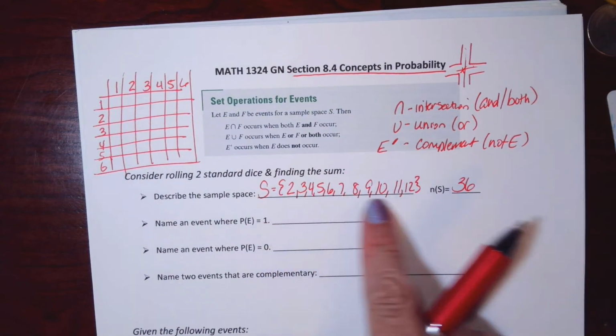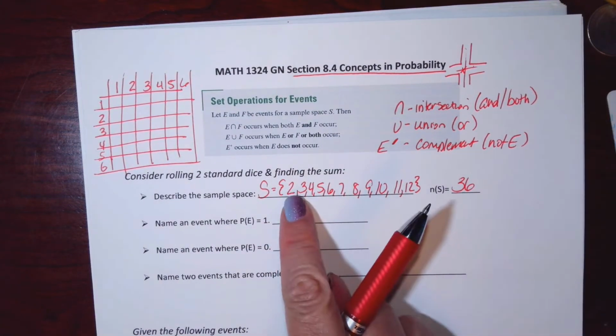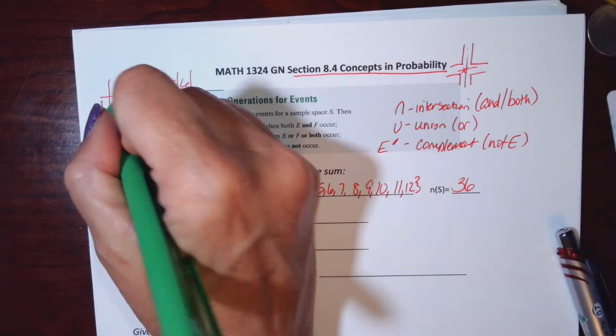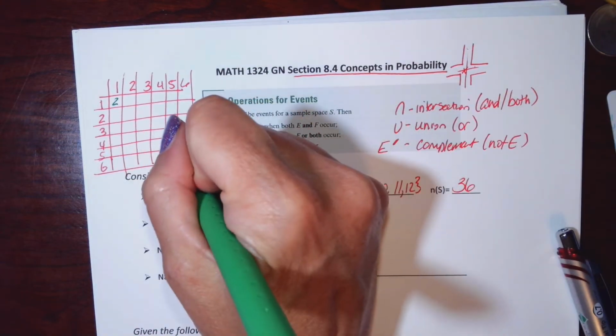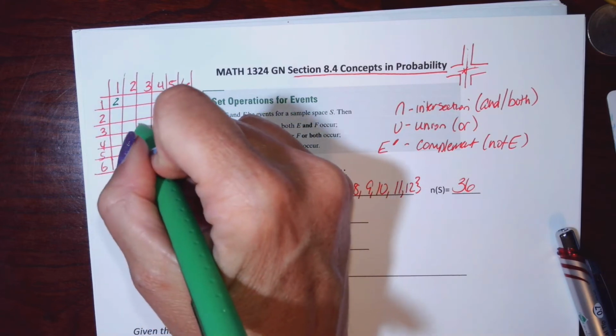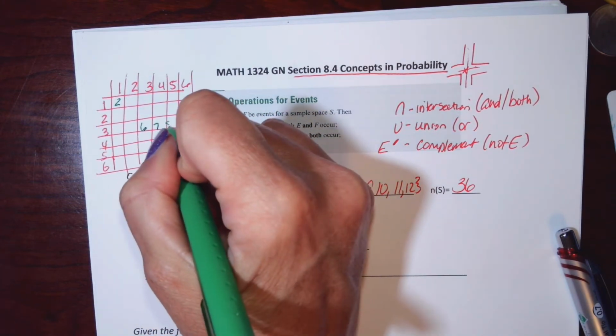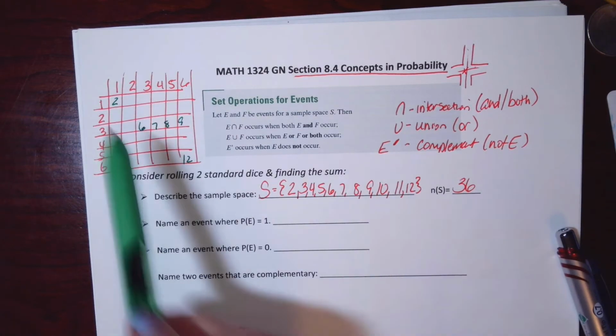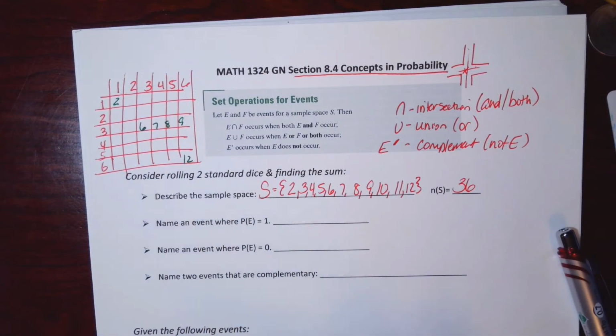The only different sums are the values 2 to 12. My smallest sum is 2, my largest sum is 12, and everything else is somewhere in the middle. But there will be 36 total outcomes in my chart.